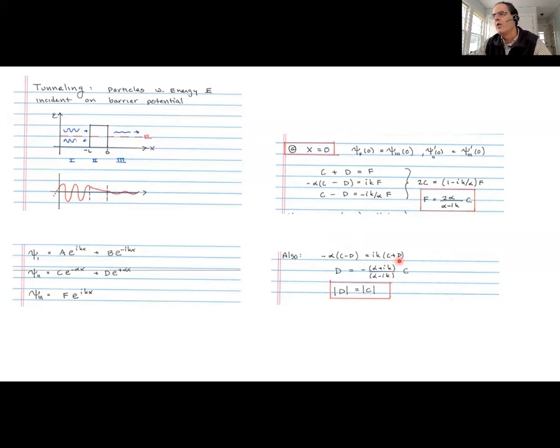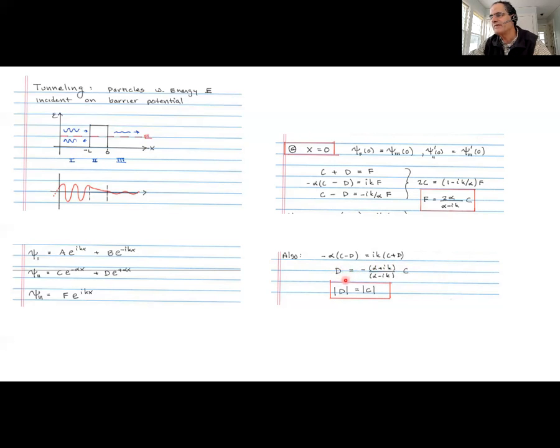Or we could rewrite this as an expression for d in terms of c. D then would be equal to minus quantity (alpha plus ik) divided by quantity (alpha minus ik) times c. Now, the reason this is interesting is that this term, (alpha plus ik) over (alpha minus ik), is some complex number, but it's a complex number of magnitude 1.